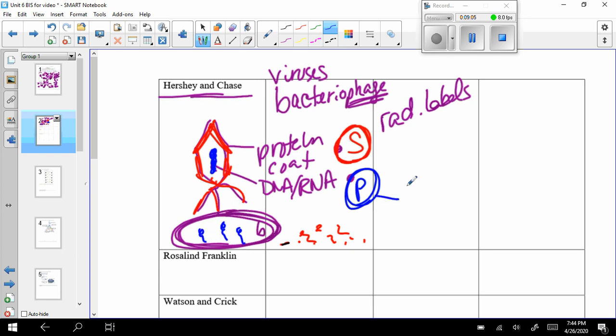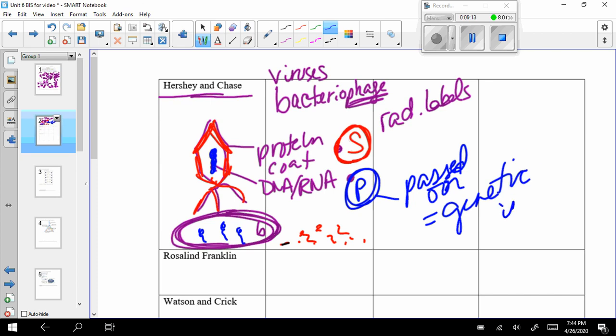Because this is what was being passed on, that lets us know that this is the genetic information. So again, this experiment was to figure out the genetic information is the DNA that's being passed on from a virus to a bacteria, and from really one bacteria to the next bacteria.